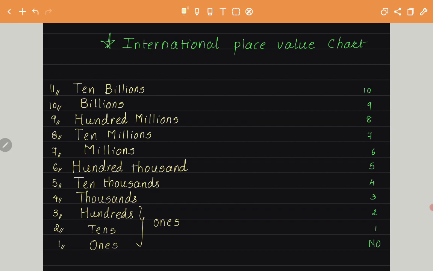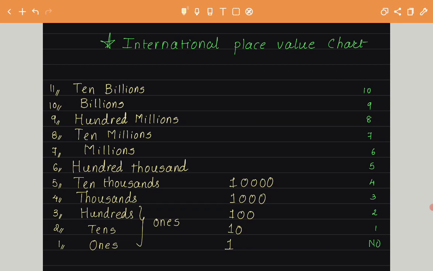So in ones no zero, so we will just write 1. Tens 1 0, 100 2 zeros, 1000 3 zeros, 10,000 4 zeros. Till 10,000 it is the same, but the only difference is 100,000, right?